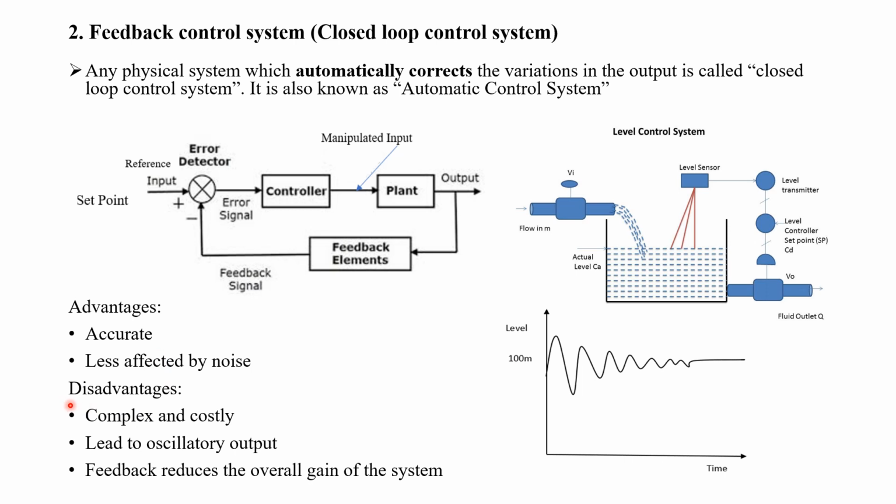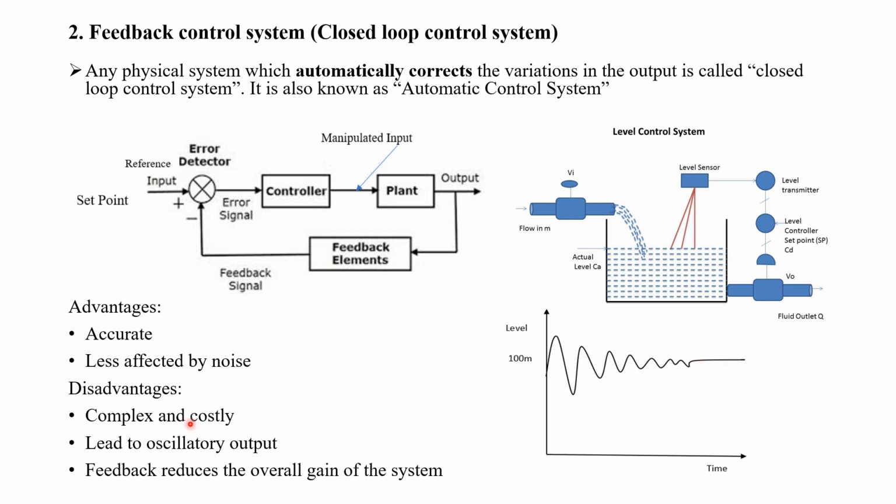Then the disadvantages of a closed loop control system: it will be complex as well as costly because it uses more components compared to an open loop control system. So it will be costly. Then it leads to oscillatory output, as I told already, due to the ups and downs in the response, that is, the output of the tank. Anyway, finally it will reach the stable output signal.